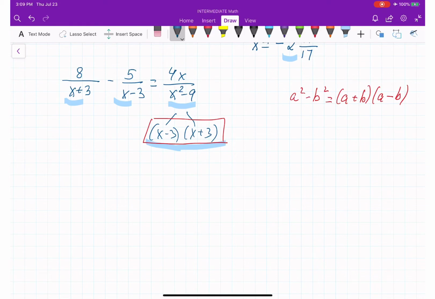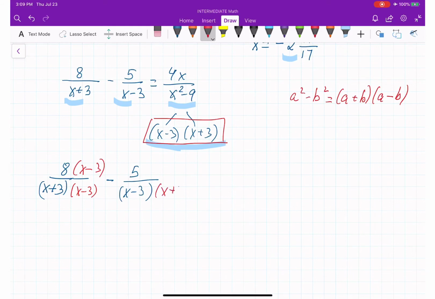Okay, so what we are doing, 8 over x plus 3. So we are missing what? x minus 3, yes? And I'm putting it here in the numerator also. Next, minus 5 over x minus 3. Now it's going to be x plus 3, x plus 3.